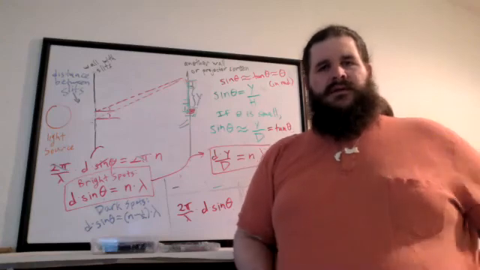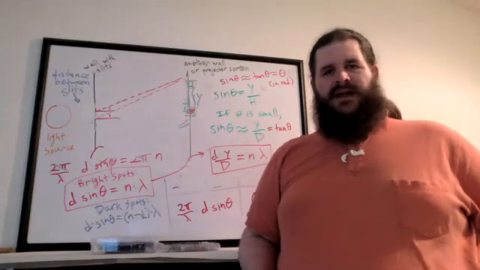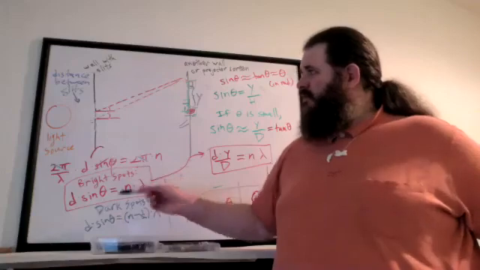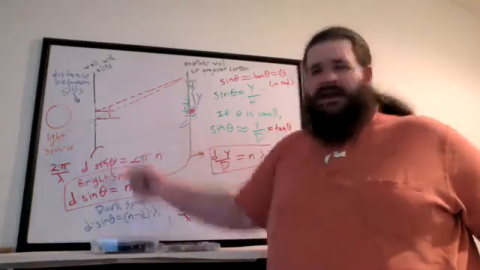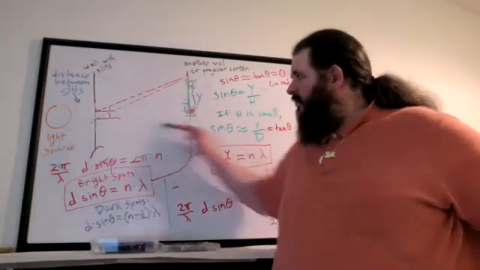Oh, okay. That makes sense. Thank you. And again, this hinges on the geometry and the assumption that these slits are very close together, that the distance little d is very, very small compared to the distance between the walls.